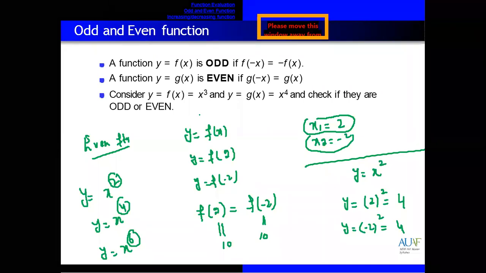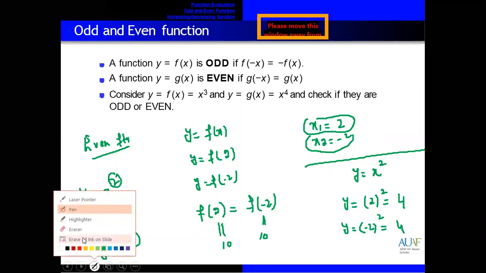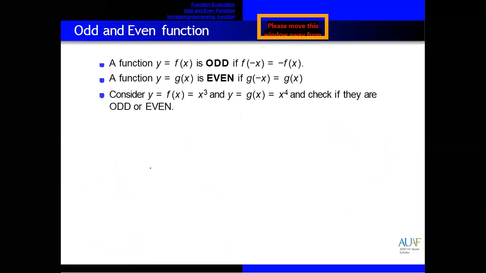For that, you can just put in values. Like if we are given this function y is equal to x power 4 plus 2x square, is this an even function or an odd function? You have to prove that this one is an even function.